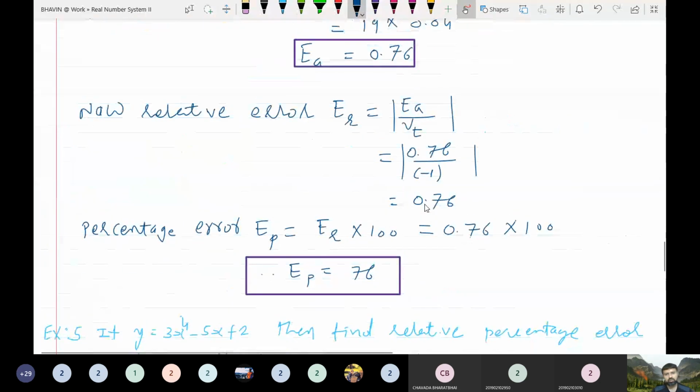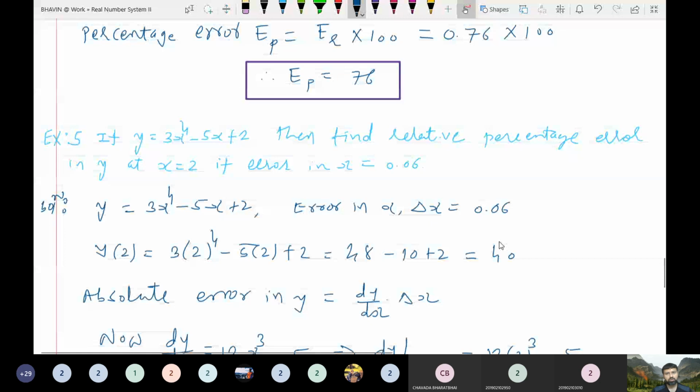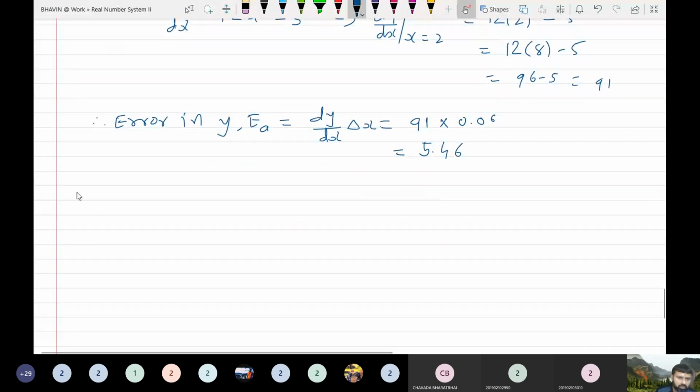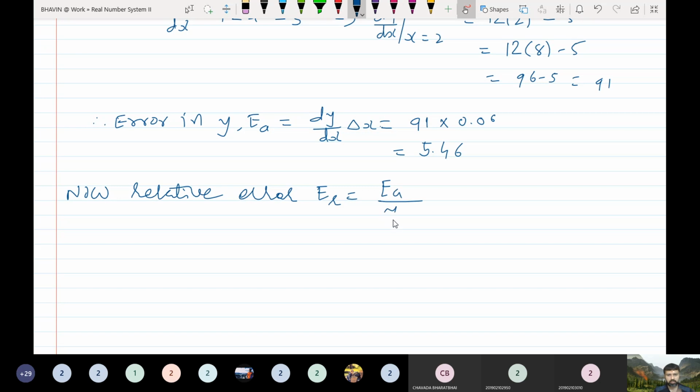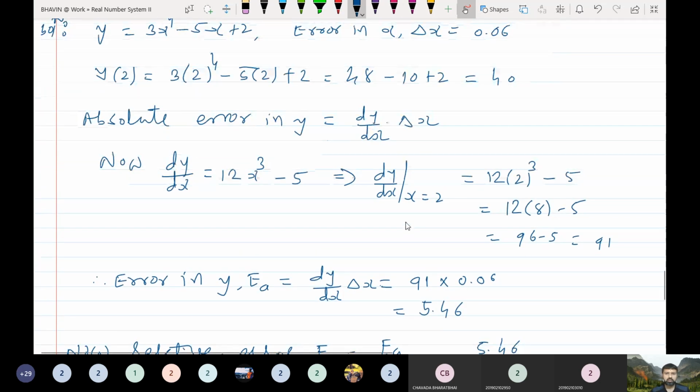Now which error have we been asked for? Percentage error. So in order to find percentage error, we should find its relative error. It is denoted by ER. ER means EA upon its true value, that is y at 2. So this is 5.46, and y at 2 we have found is 40.